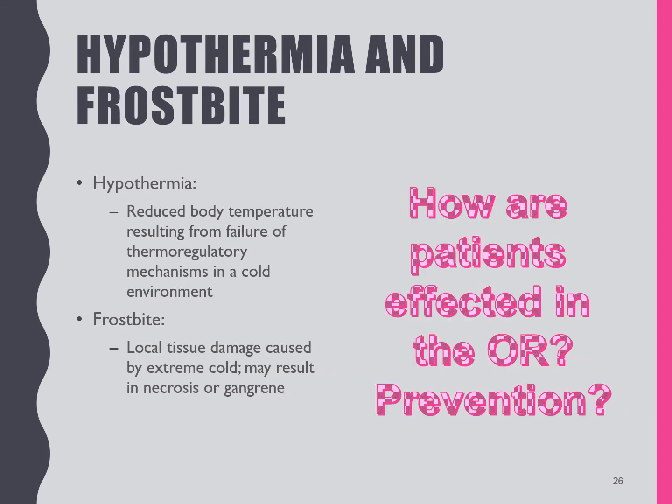And lastly, hypothermia and frostbite are the opposite end of the spectrum that we've been talking about. So this is a body temperature that's too low. Hypothermia results from failure of the hypothalamus to regulate the body temperature in a cold environment. And prolonged exposure to a cold environment can lead to frostbite.